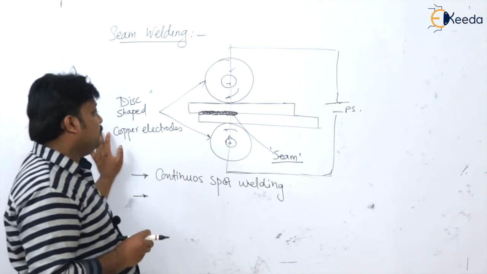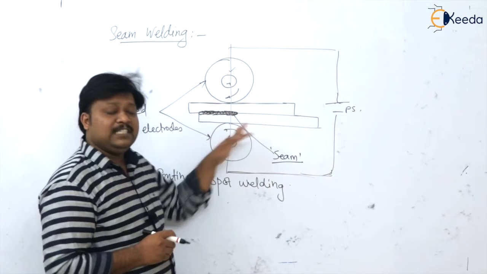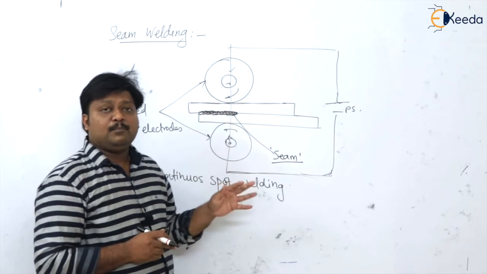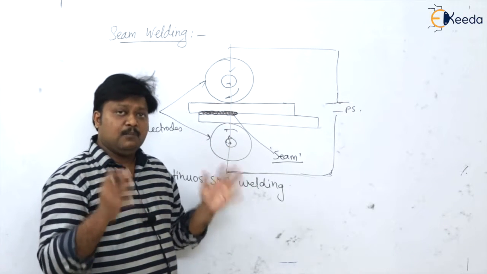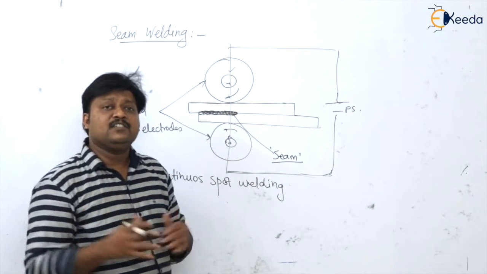So in seam welding we do not apply the full amount of current at a single time.